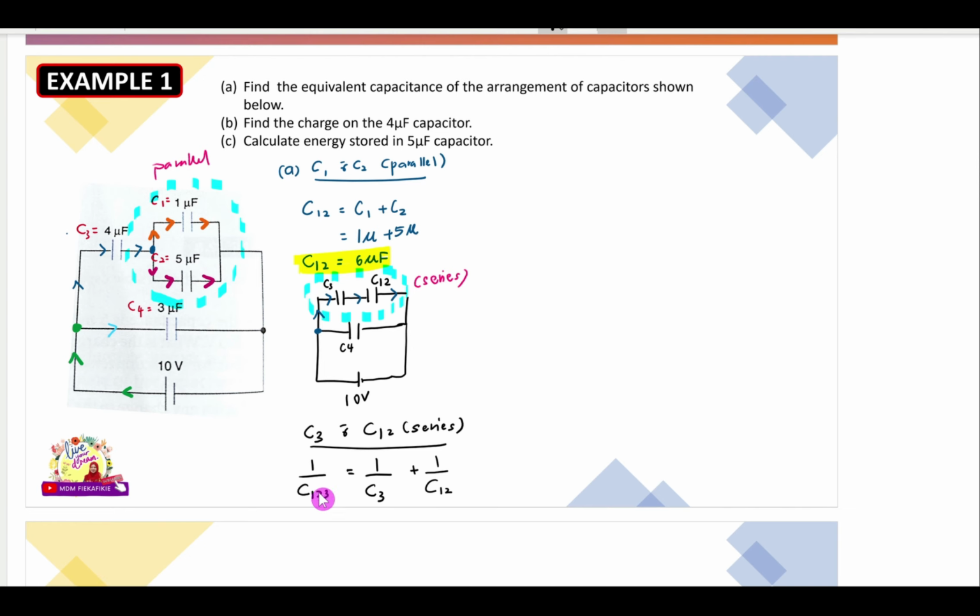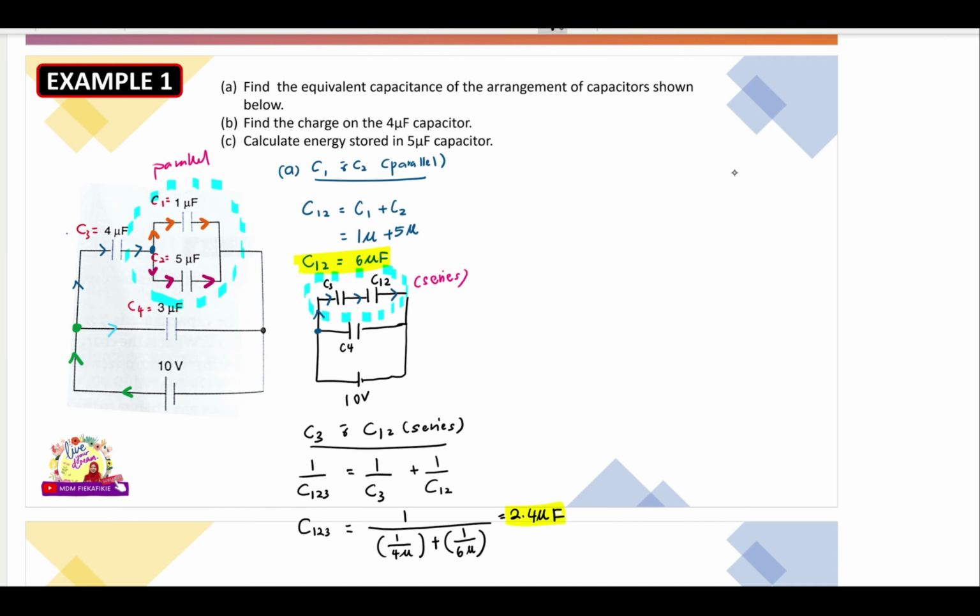Kita nak cari C123. Alright, so C123 is equal to 1 over, okay, 1 over C3 which is 4 micro plus 1 over C12 tadi kita dah kira 6 micro. Alright, so kita dapatlah C123 is equal to 2.4 microfarad. Okay, so ini baru dapat C123.